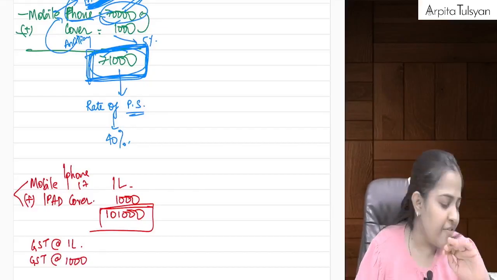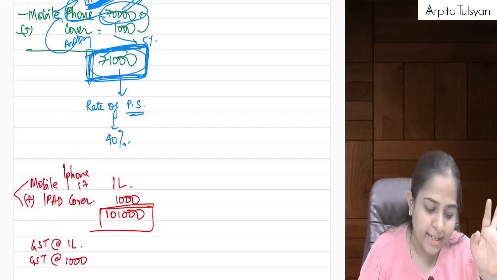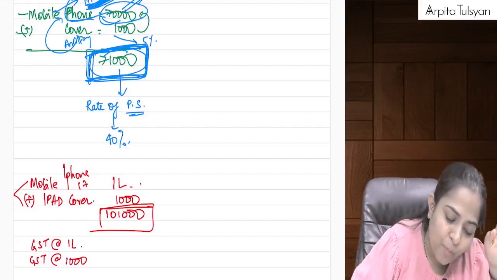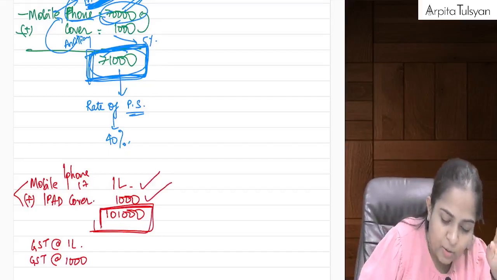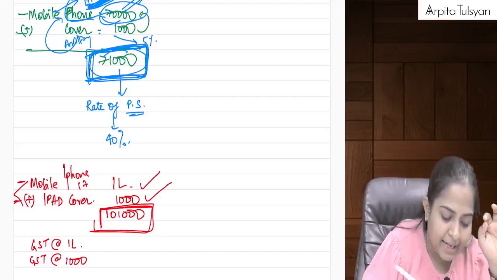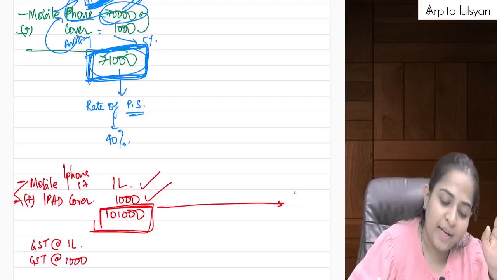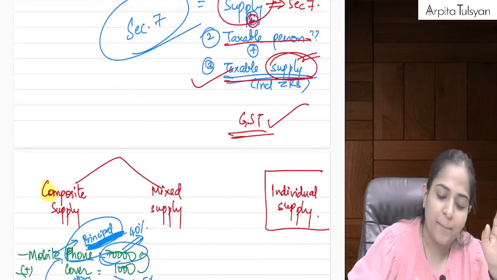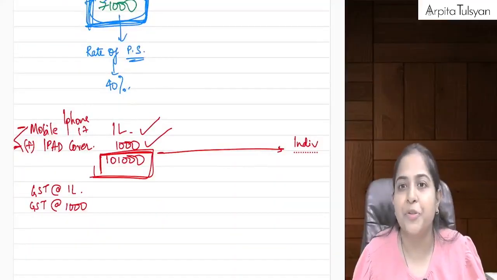No, we are not going to call it a composite supply. He has written both the items separately in the invoice. Even if the total is done together, these are not naturally bundled together, so this will be considered as individual supplies. Individually it is going to be charged.